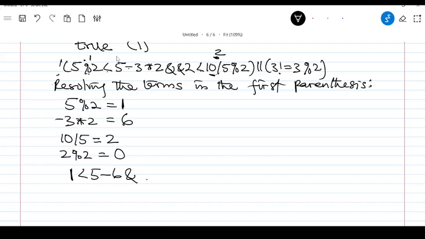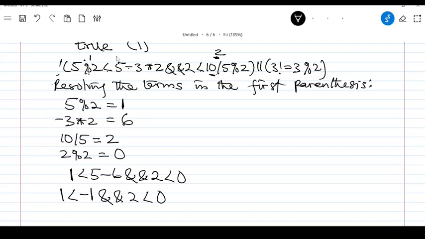And then we'll have the logical, and then we have 2 is less than 0. Okay, 0. So now we go with the subtraction. So 5 minus 6 is going to be equal to minus 1. So this is going to be 1 is less than minus 1, and 2 is less than 0.